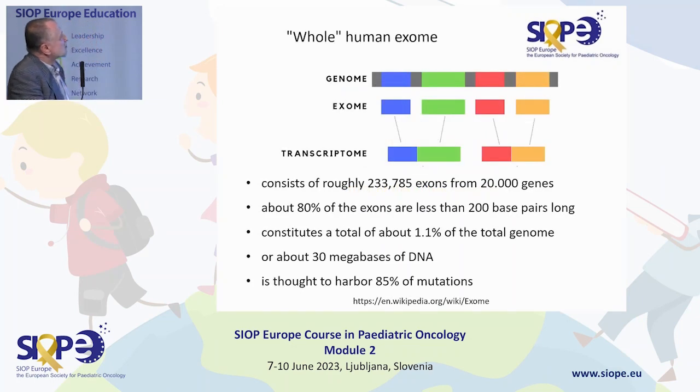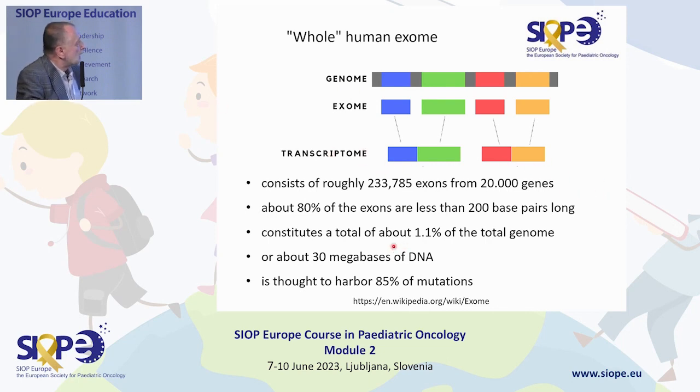So actually, it only covers about 1.1%. So if you do whole exome sequencing, you must be aware that it's only a very, very small part. And besides that, different exome kits which you use cover different regions, and not all regions of the exome. So you have the genome, exome, and then the transcriptome.